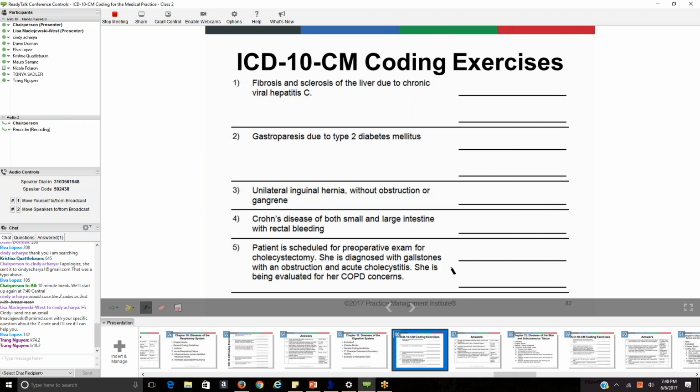So your code is K74.2 and B18.2. Very good. Let's take a look at the next one, gastroparesis due to type 2 diabetes mellitus. So let's look up gastroparesis, see if we can find it there.